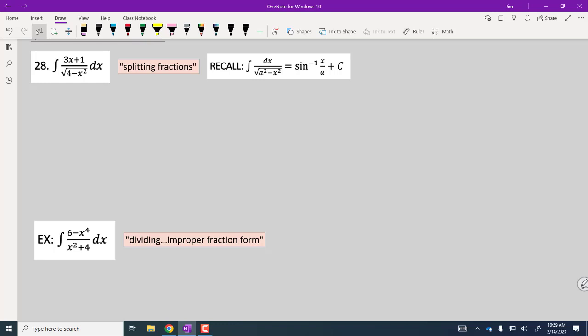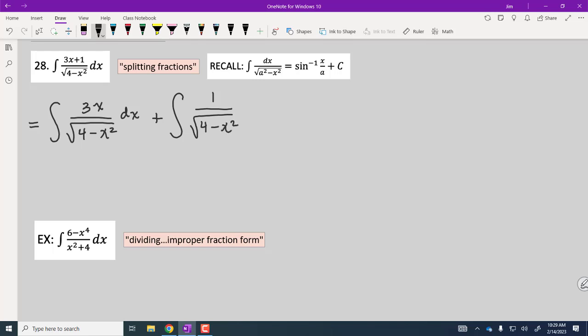And we can split. This happens quite frequently where you need to split the fraction. So we are going to rewrite this as two separate integrations, where we split the fractions.